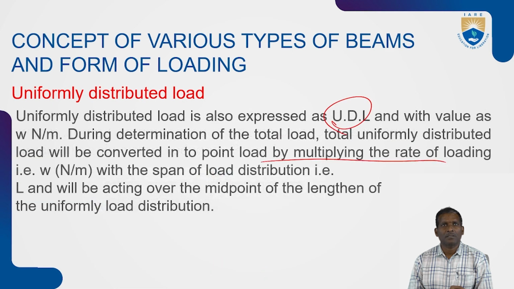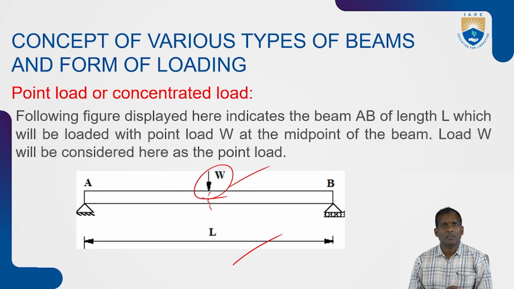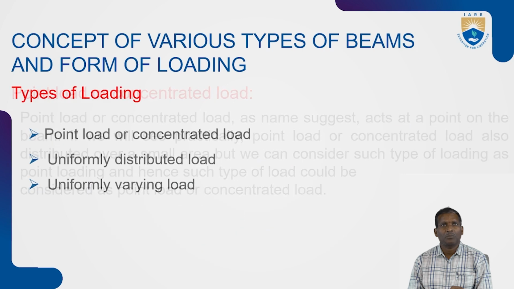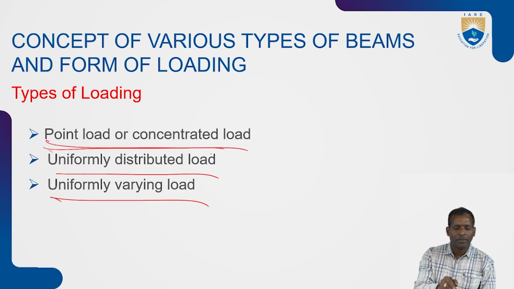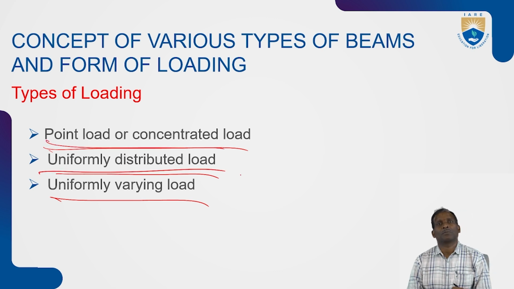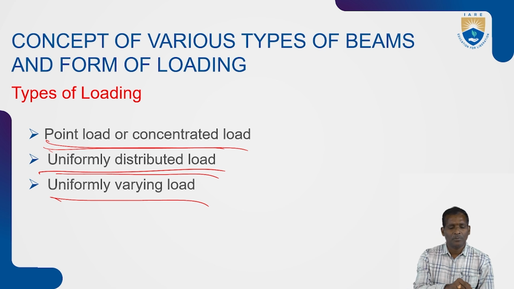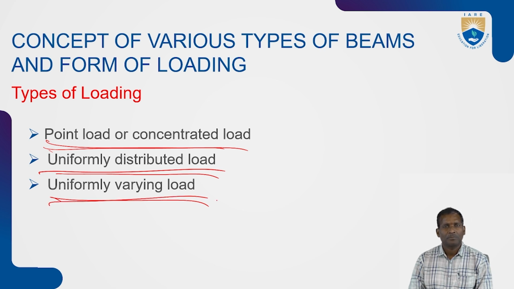Now, in the second topic, we have learned the types of loading: the point load and the constant load. What is the difference between the point load, the uniformly distributed load, and a uniformly varying load? The uniformly distributed load is spread uniformly throughout the beam.